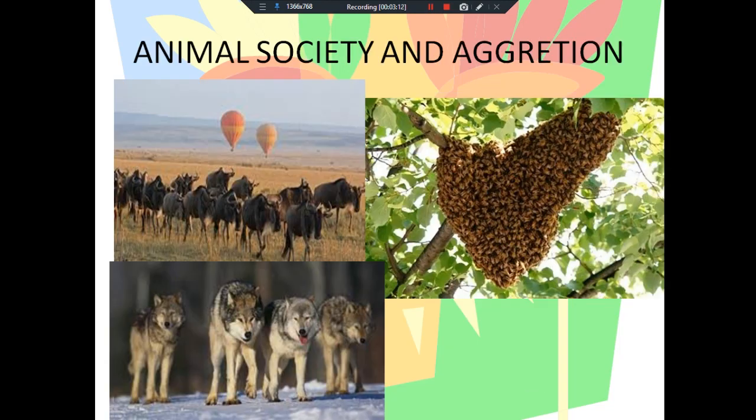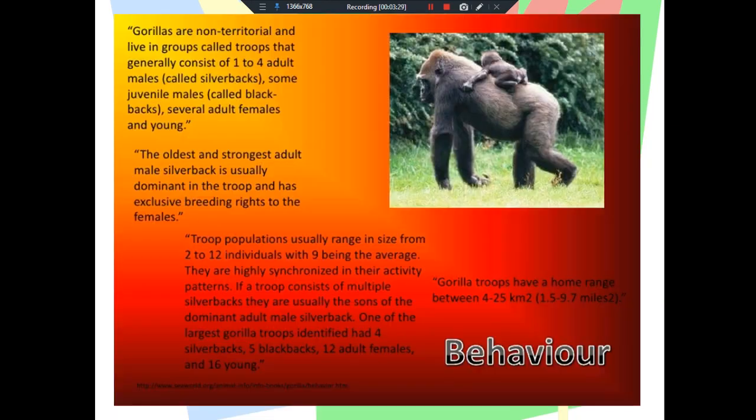We were doing animal society and aggregation. These are the animals which are just living together. They are together, but they do not interact with each other. And this is a society having different tasks and work, and they affect each other in many various ways.